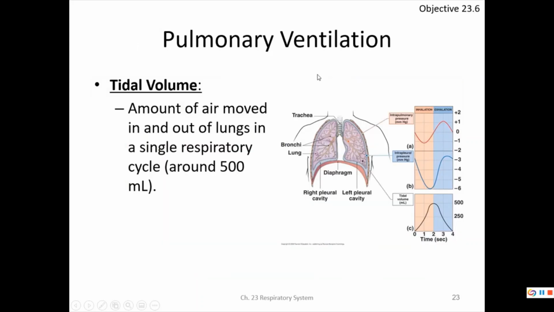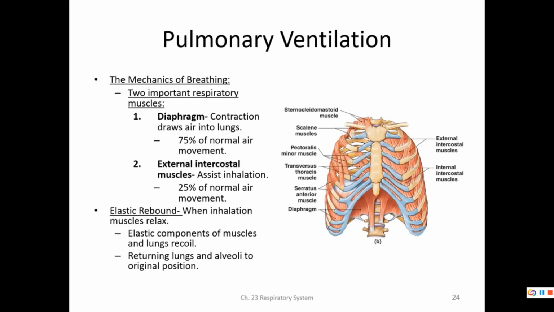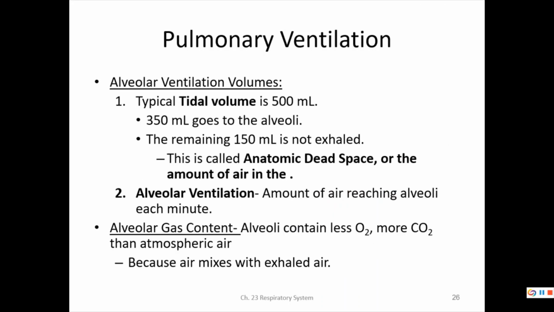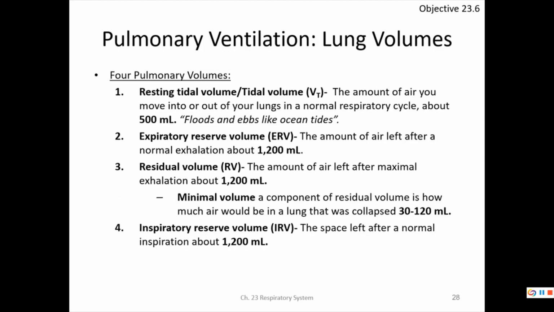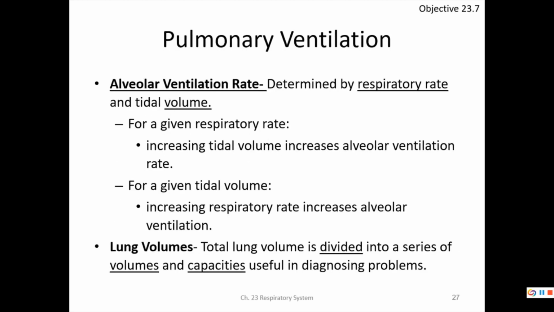Now, a single respiratory cycle, a breath in and out in a normal respiratory cycle, is called a tidal volume. I want to add more to that later, and I will talk about resting tidal volume specifically in more detail.